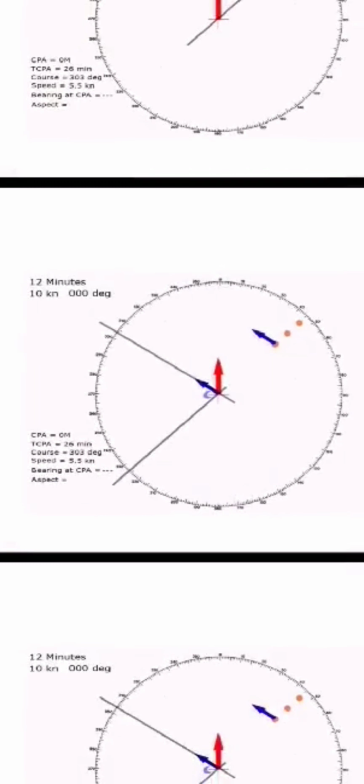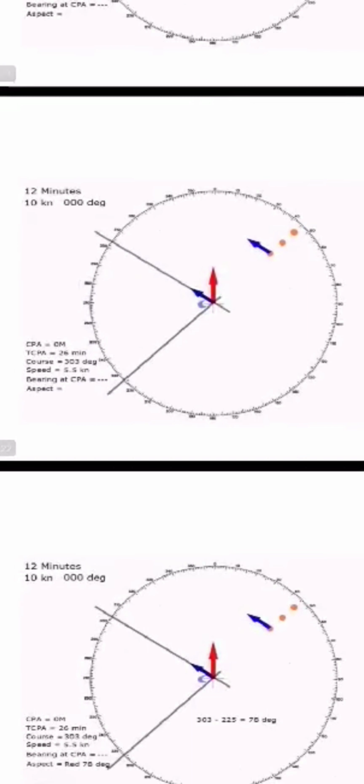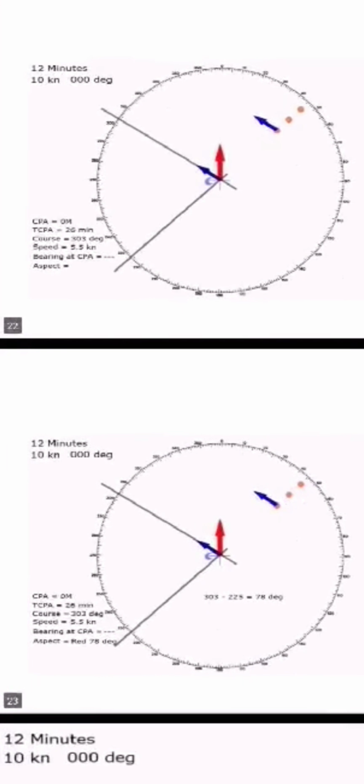Before we jump onto that, we are on the port side from our target's perspective. In order to get the aspect, from our 225 degrees course or bearing, and the 303 degrees of their course, it has to be subtracted.